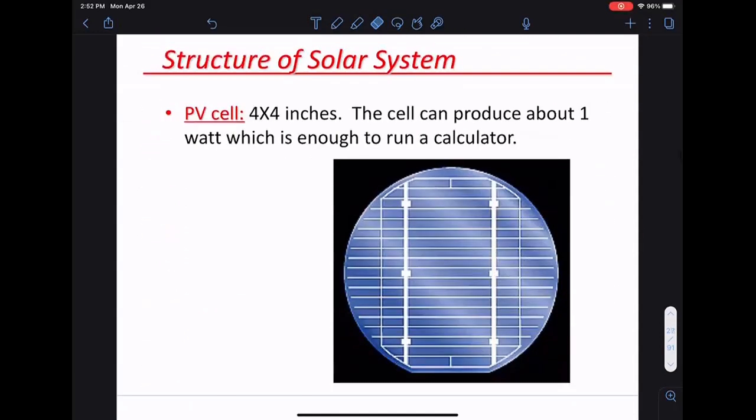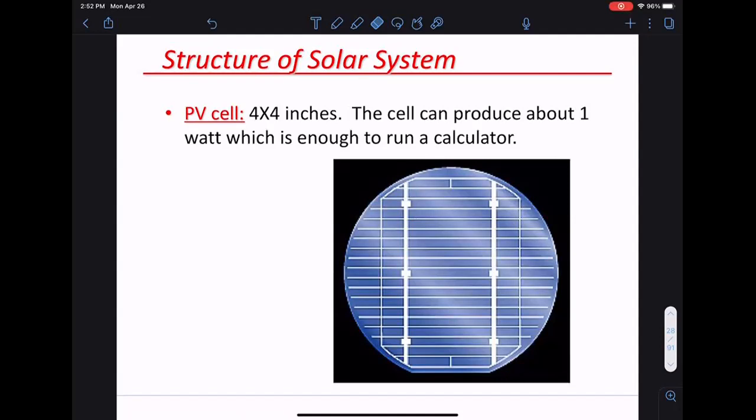If you look at a calculator that has a cell, a 4x4 inch cell will produce about 1 watt. So these are not terribly high power devices. One cell provides a small amount of power and current.